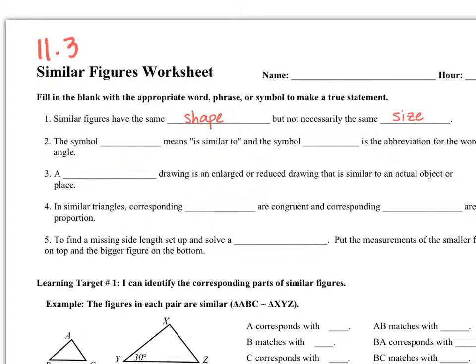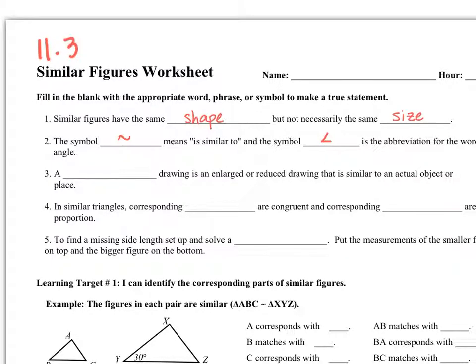Okay, so if you have a bigger triangle and a smaller triangle, they can be similar, right? But other things have to happen. Number two, the symbol that looks like a squiggly line means similar. And this symbol we've already used in class earlier is just the notation we use for angle.